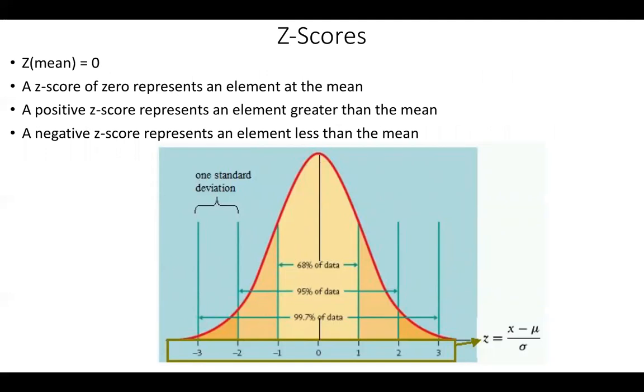So let's talk a little bit more about what these Z-scores mean once they're calculated. Here again, I have a graph of my standard normal distribution. Its x-axis are these Z-scores that are calculated with this formula: data point minus mean over standard deviation. A Z-score of 0 means that the observed value, or that element, is at the mean.